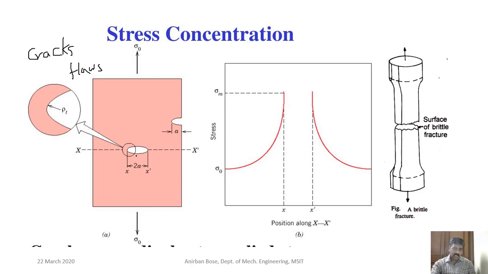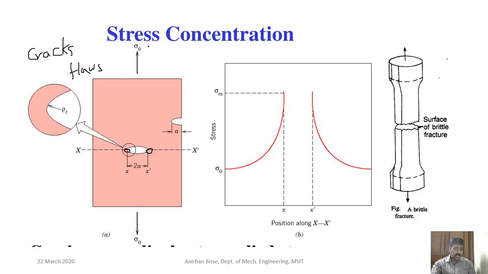Let us consider that this elliptical crack is present in this material. Then at the tip, at this region or this region, because of the stress concentration, the maximum stress is very, very high, almost 100 times or more.